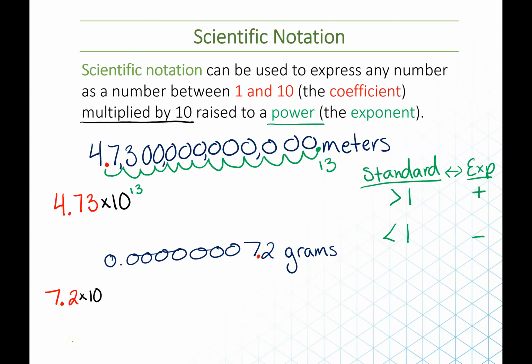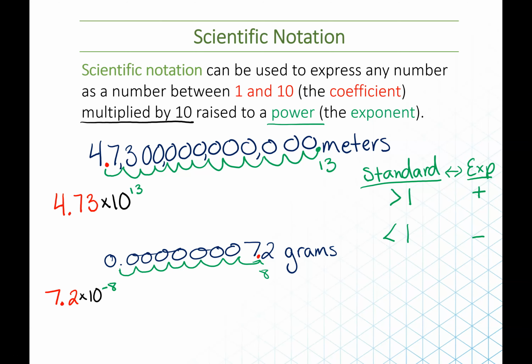We figure out our exponent by counting the number of places between where the decimal started in the original standard notation number and where we put it to create our coefficient between 1 and 10. So this time I counted 8 places. And because our number was less than 1 to start out with, we have a negative 8 exponent.